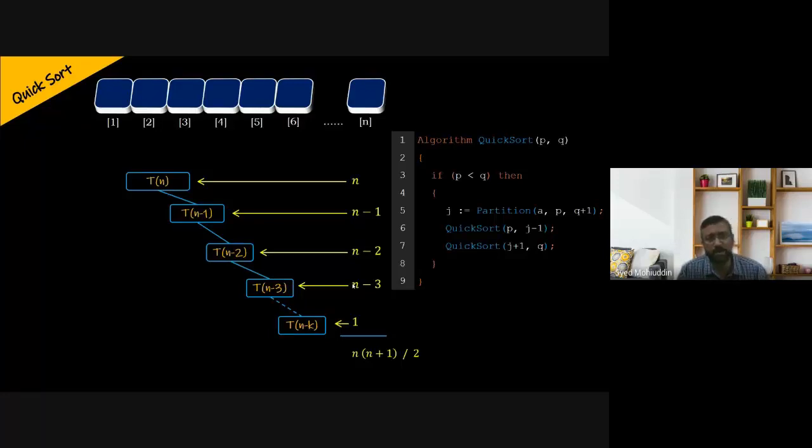And every time the recursive call is made on the right partition, one element will be less at each level. So if you sum up these, the total will be n into n plus 1 by 2. This is the summation of n, which is n into n plus 1 by 2.